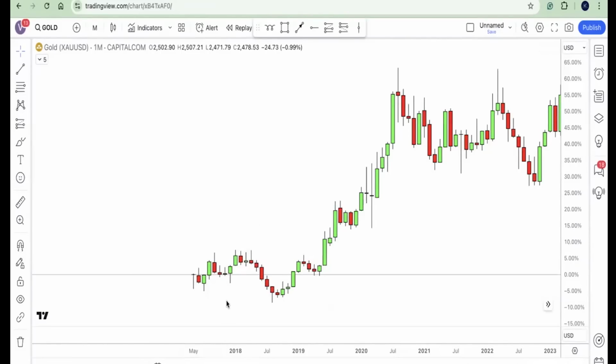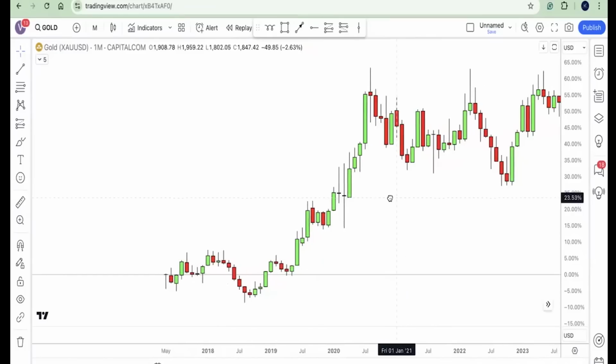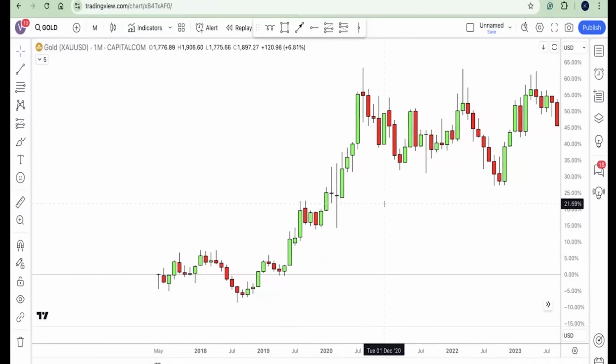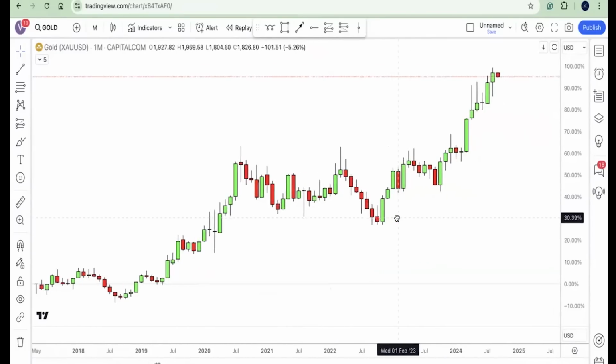Now let us see the last one, that is 2017 November till 2018 February. From here to here, yes, here also it gave profit. I don't have historical data before 2018, but if you have historical data, I suggest you do the back testing and see whether from November to February, most of the time, gold has historically stayed bullish.